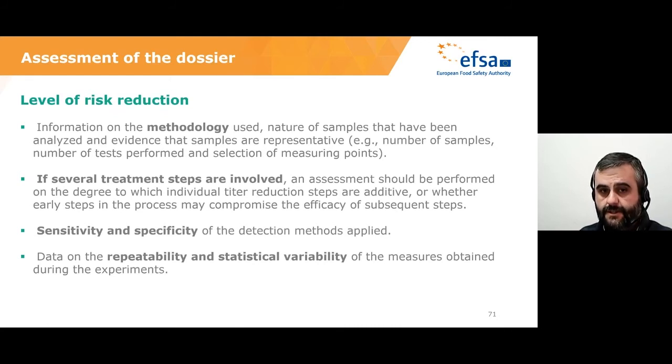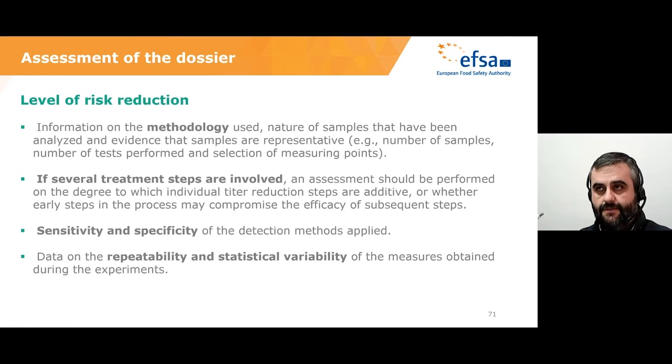It's important, in the second bullet point, if the process involves several steps that in principle will contribute to the inactivation of the hazard, the ideal situation would be to test the inactivation of the indicator or the surrogate organisms along the whole process.